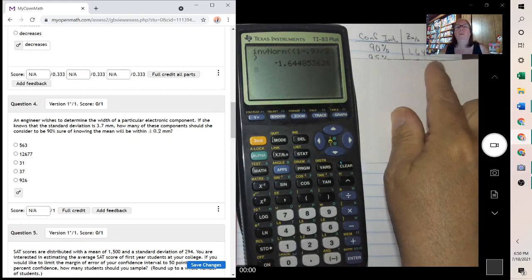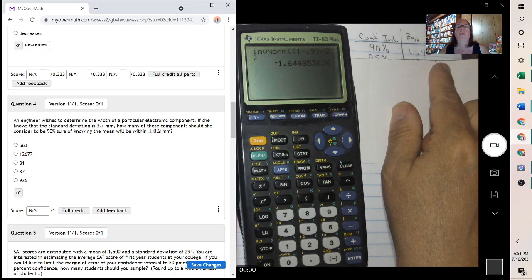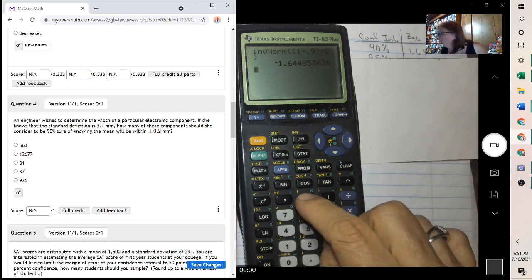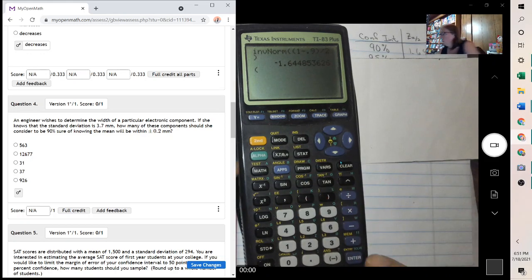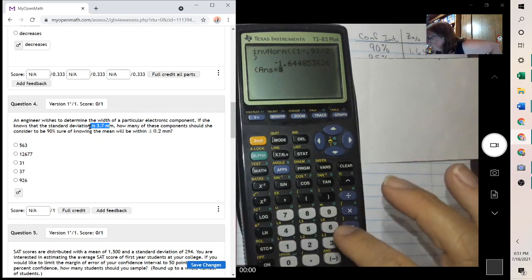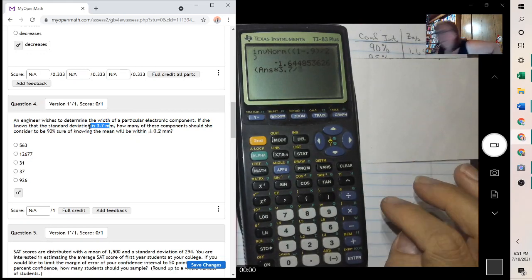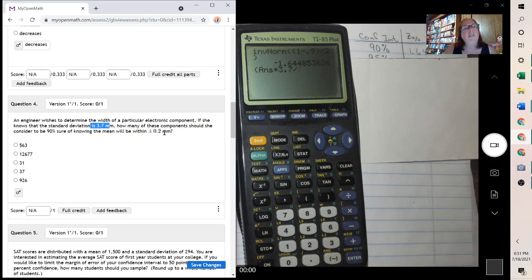Notice 1.645. But we're going to keep that whole decimal, so I'm going to put the answer in there. And then we multiply by the standard deviation, which was 3.7, times 3.7 divided by 0.2, because that's our error.